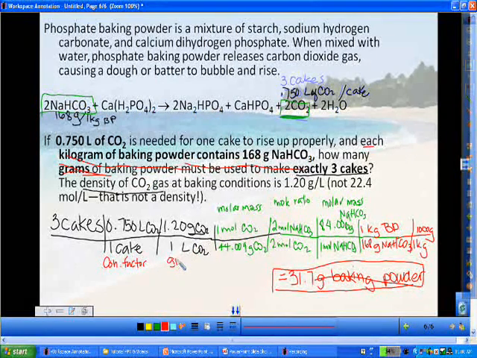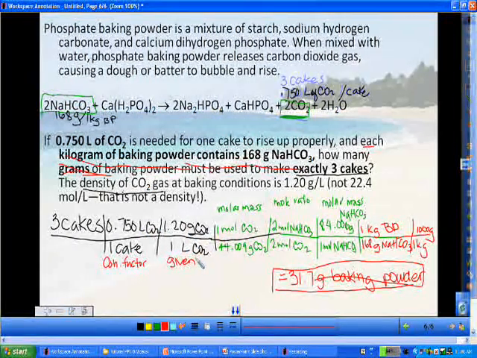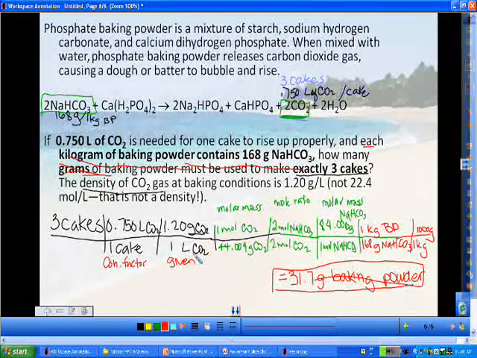This was also given to us as a conversion factor, 1.20 grams per liter. So we see the need for that right here to use the density instead of 22.4 liters per mole at STP, because this is at baking conditions, not at STP.